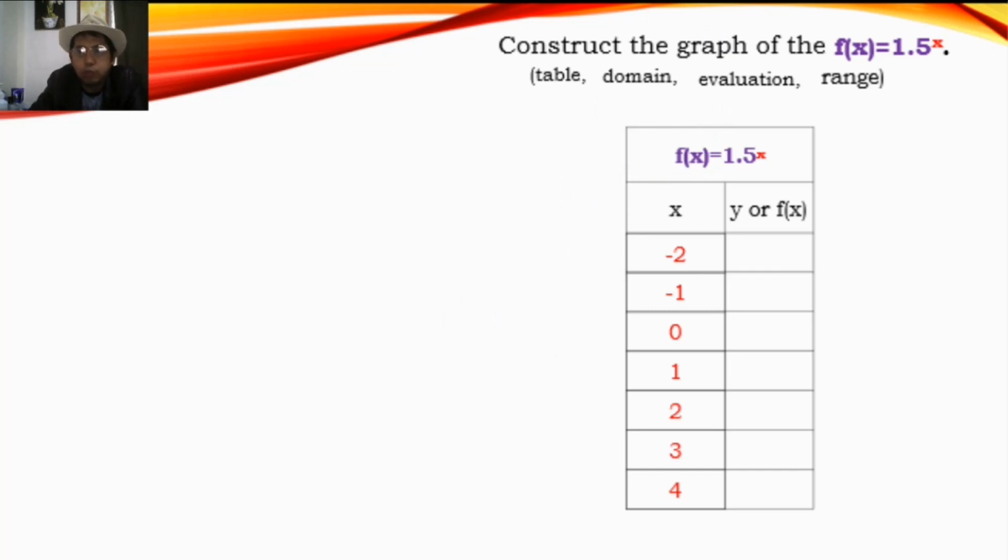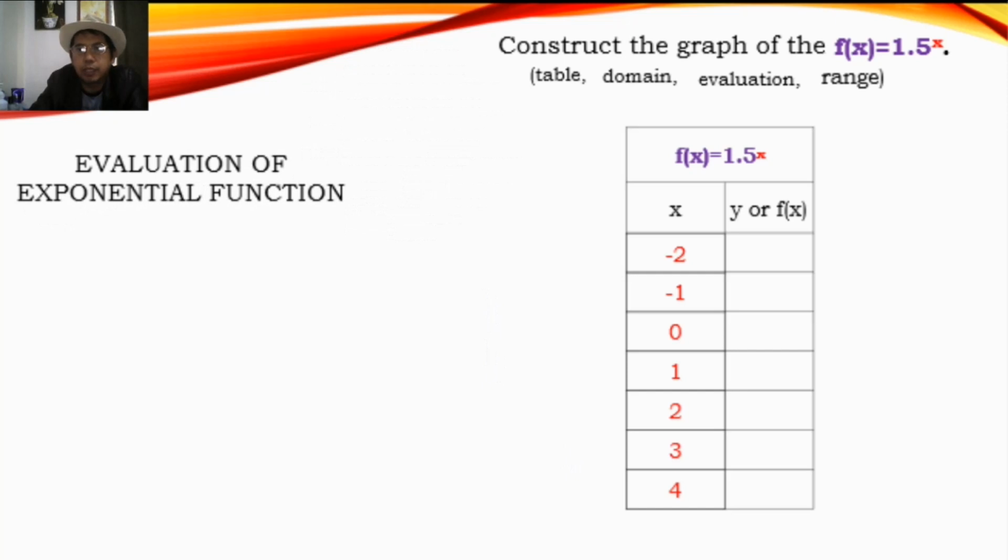When we evaluate the function f of x is equal to 1.5 raised to x, we ask, what if my x is negative 2? I will replace x with negative 2. What would be the result?